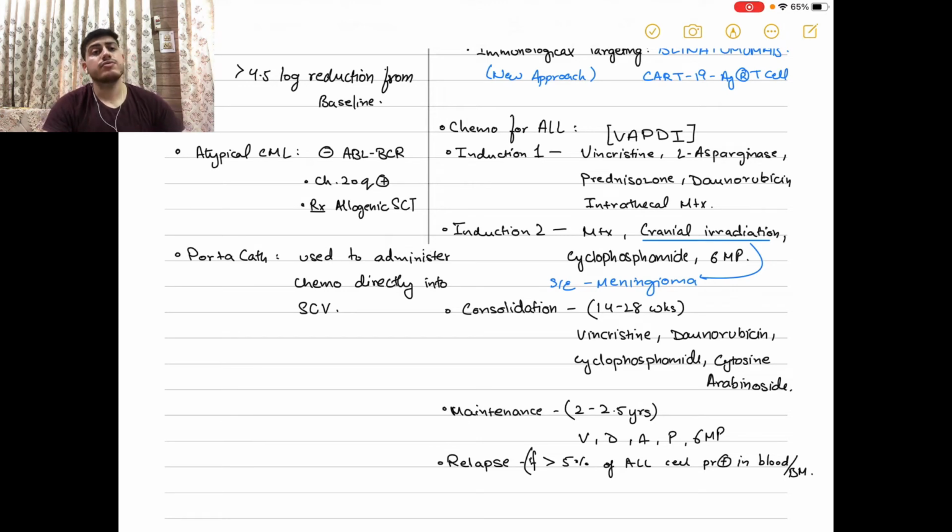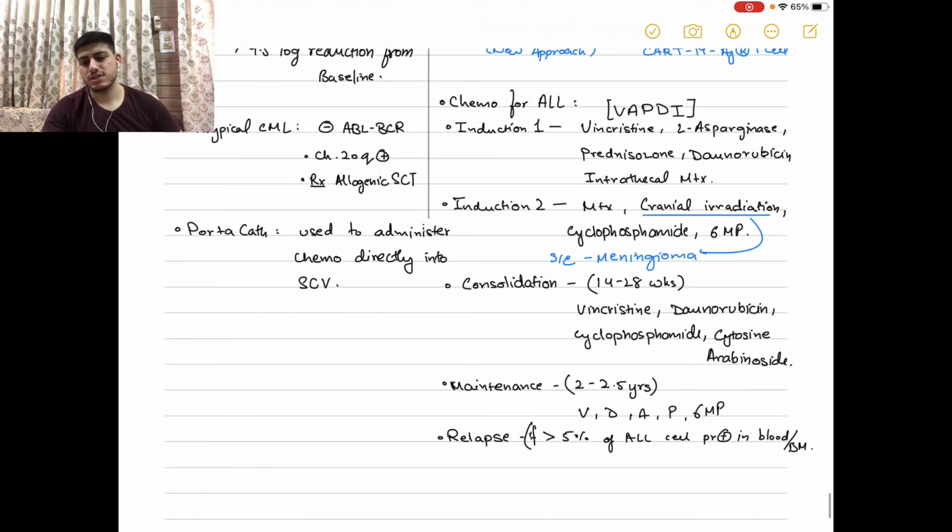Maintenance is the last form of treatment, but later we have to see if there is relapse of the cancer. The diagnostic criterion is more than 5% of ALL cells present in blood or bone marrow. If more than 5% is present, then we can say the cancer has unfortunately relapsed and we have to start the treatment again.